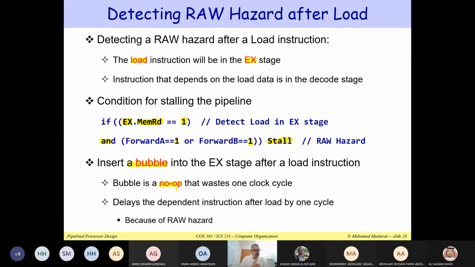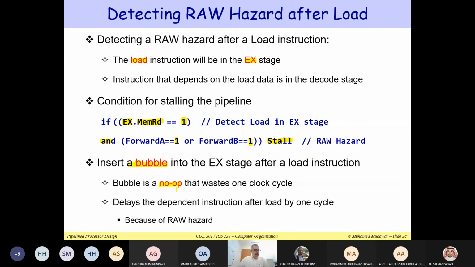Now, something has to exist in the execute stage during the next cycle. That will be a bubble. So this bubble is injected into the execute stage, and this bubble is just a no operation. In order to inject a bubble, all we have to do is clear all the control signals.